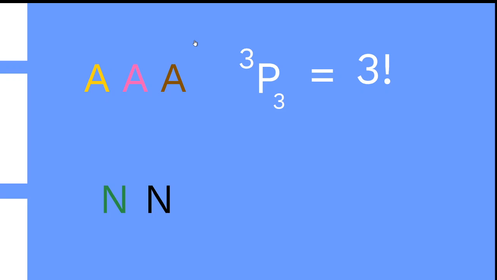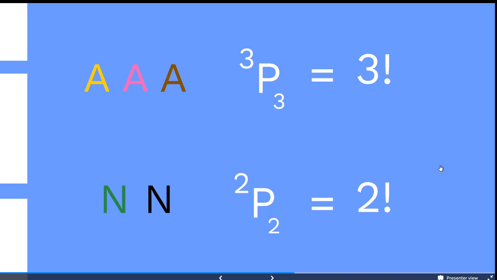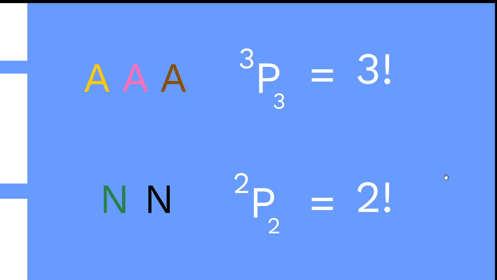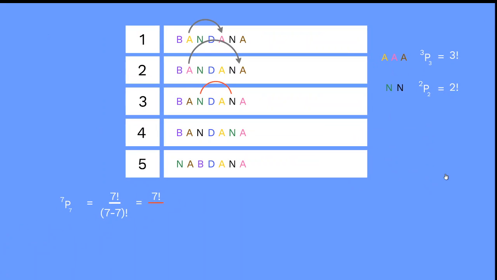So it will become 2P2 arrangements, 2 factorial. So we see that when we interchange the A's, we get 3 factorial copies of the same thing, and when we interchange the N's, we get 2 factorial copies of the same thing. You get it?